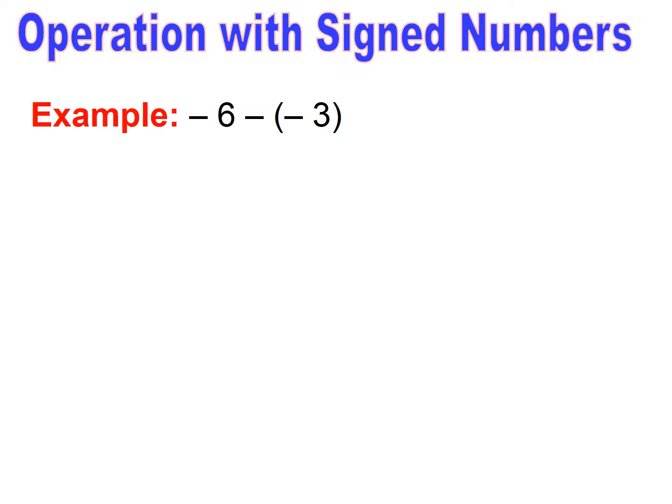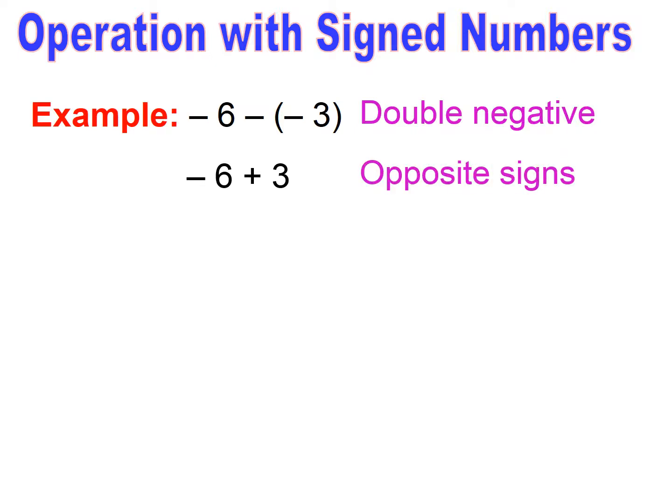So it's very important to make that decision in your answer. When you're working with different signs and you see a double negative, you always want to get rid of the double signs first. Very important. So in this case, I get rid of the double negative. I know a double negative is a positive, so that's going to change to a plus 3. And now I see different signs. When you have different signs or opposite signs, you're going to subtract and keep the sign of the higher number.